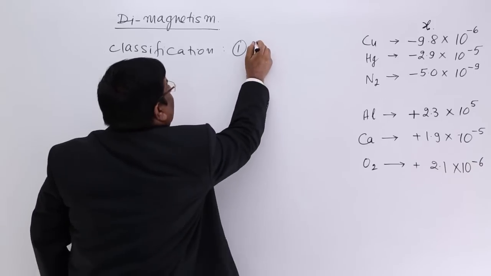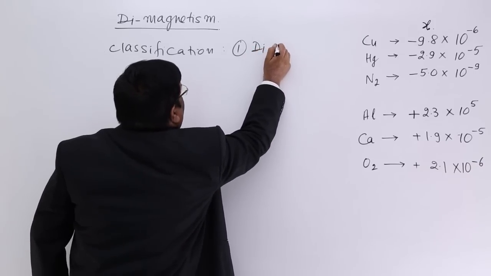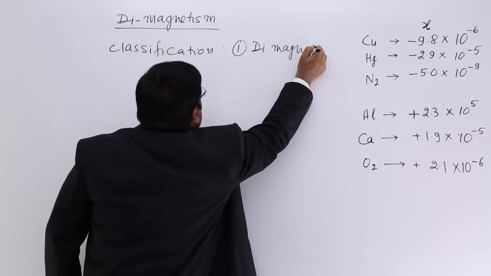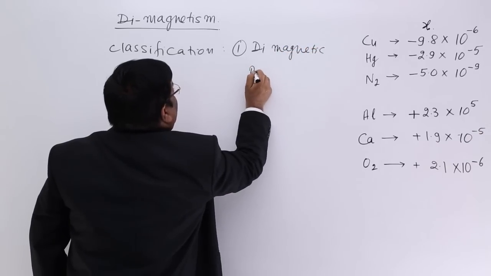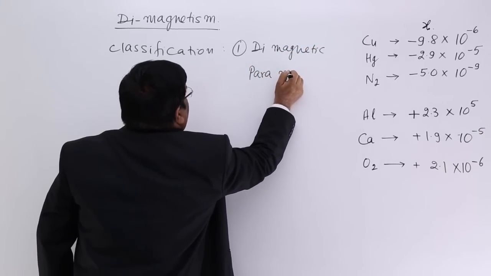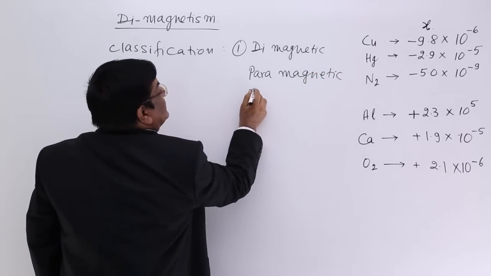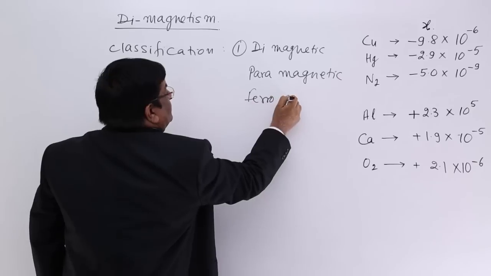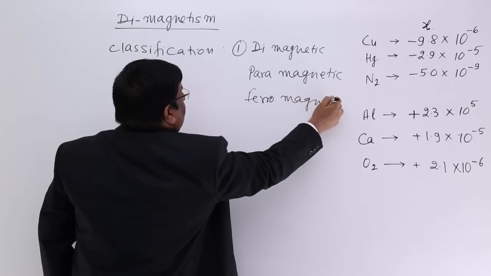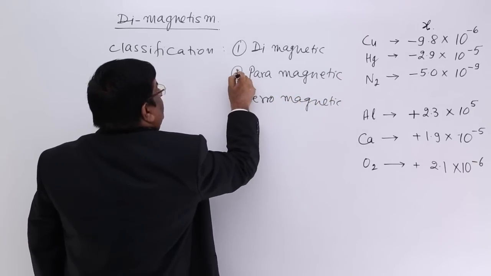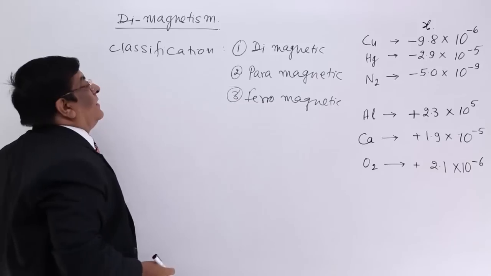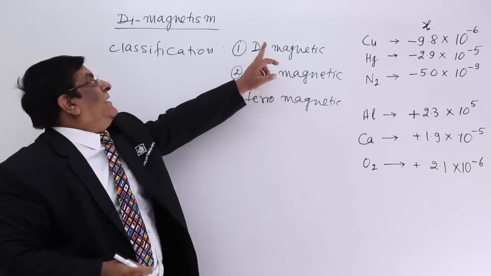One is diamagnetic, other is paramagnetic, and the third is ferromagnetic. First I will take up diamagnetic.